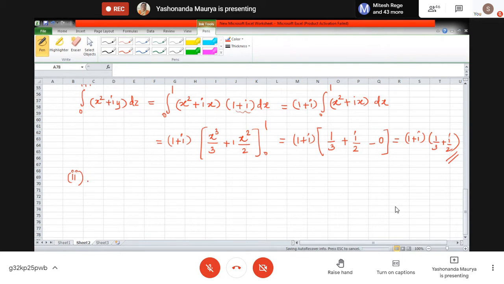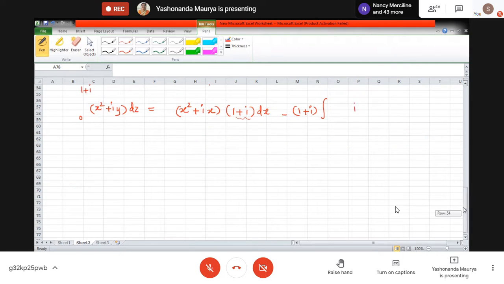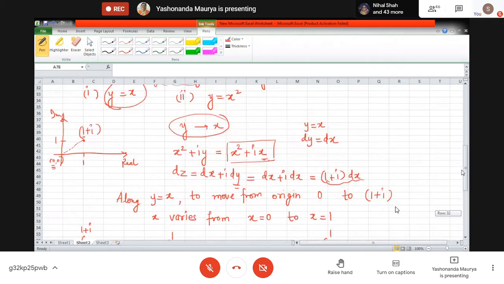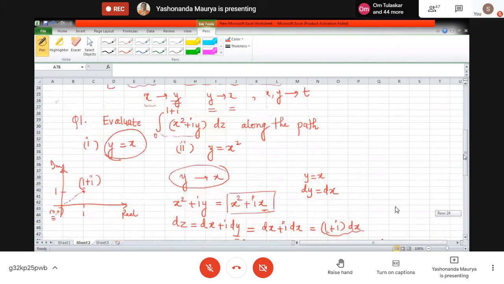Okay, so write: along the curve y is equal to x square. Again we have this liberty.